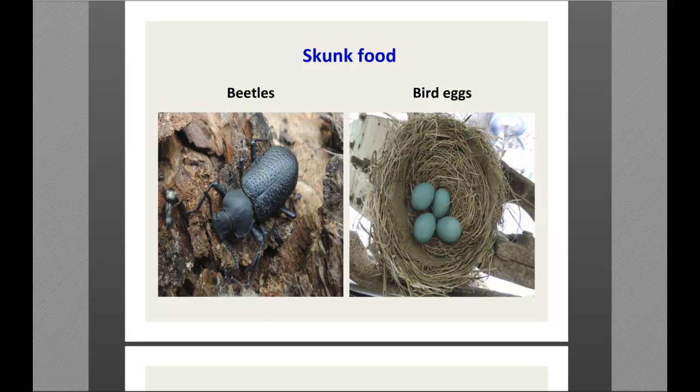And some additional types of creatures we could talk about would be the grasshoppers and crickets, moth larvae, earthworms, fish, frogs, mice, rats, shrews and moles, young rabbits, birds, especially young ones. And of course, you talk about plant material like corn and nuts and certain berries and cherries and so on. So these are some of the foods that they would typically feed upon.